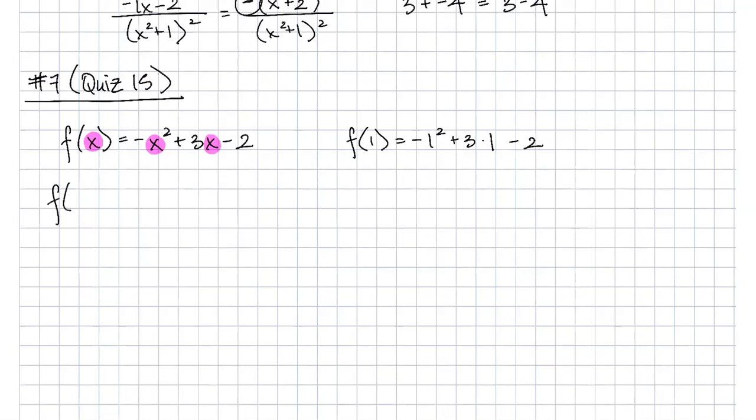So f of x plus h means everywhere we see the pink dots before, we need to replace it with the whole expression x plus h. So negative x plus h squared plus 3 times x plus h minus 2.